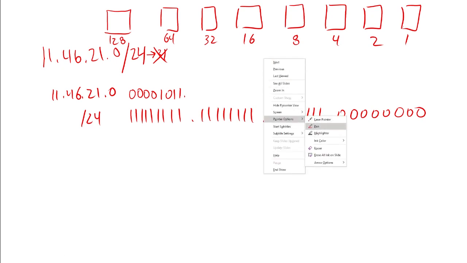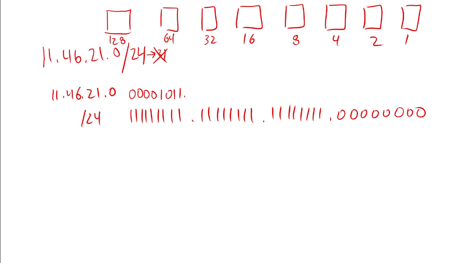So we go 32, plus 16 will take us over, so we go plus 8, which is 40. Plus 4 is 44, plus 2 is 46. So 00101110.